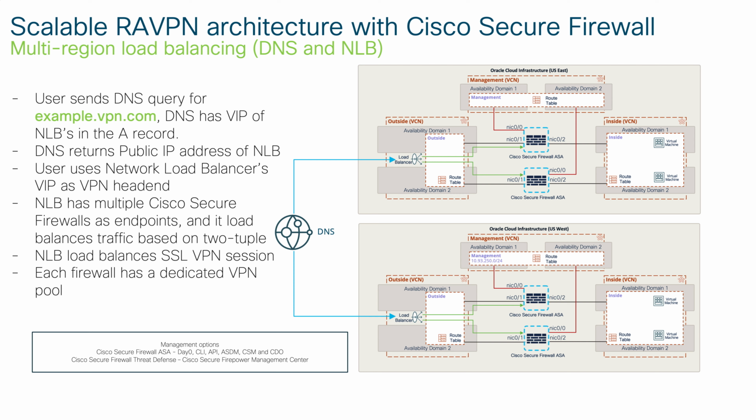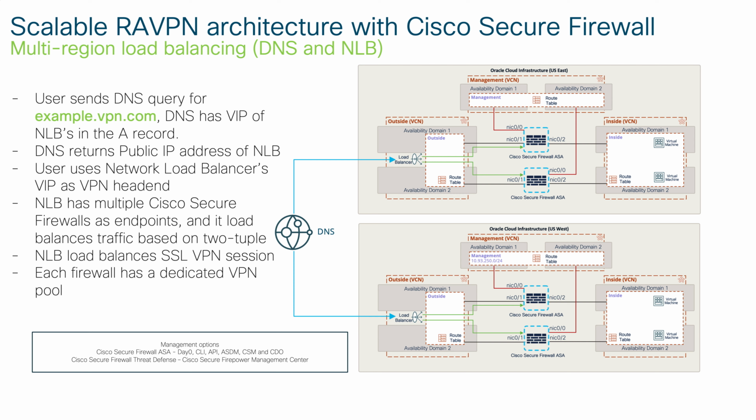Then the user on the internet will send an AnyConnect request to the load balancer, and the load balancer will have firewalls in the backend pool. Your load balancer will then run load balancing based on 2-tuple for your SSL VPN connection. So again, the load balancing that you see in this particular architecture is for SSL VPN.